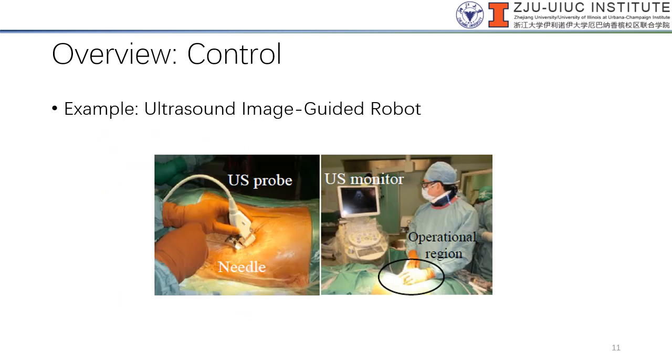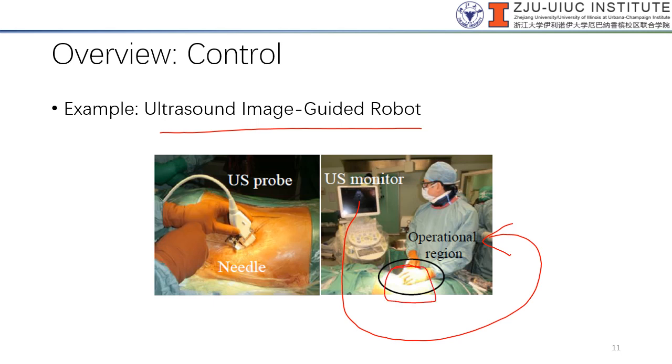One example is an ultrasound image guided robot that actually takes in information from the ultrasound. Instead of having a human operator, the robot can take in the ultrasound image and position the probe to get the right image and help to do a needle insertion to achieve the treatment.